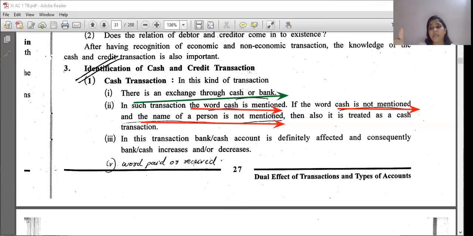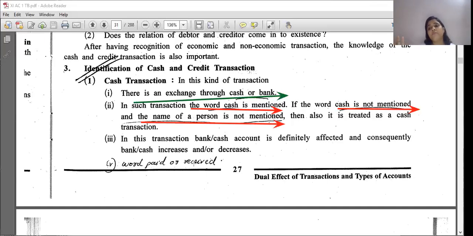Have I used the word cash? No. Have I said the name from whom I purchased? No. So it's just a cash transaction. I had paid, so my bank or cash balance in my business is decreasing. So it will have the effect of increase or decrease on cash or bank balance.